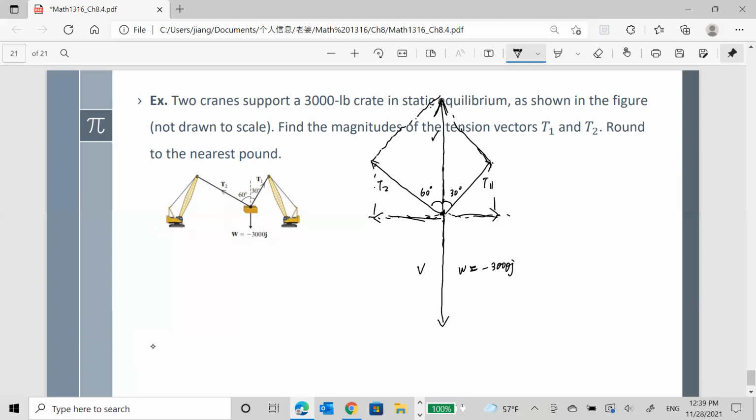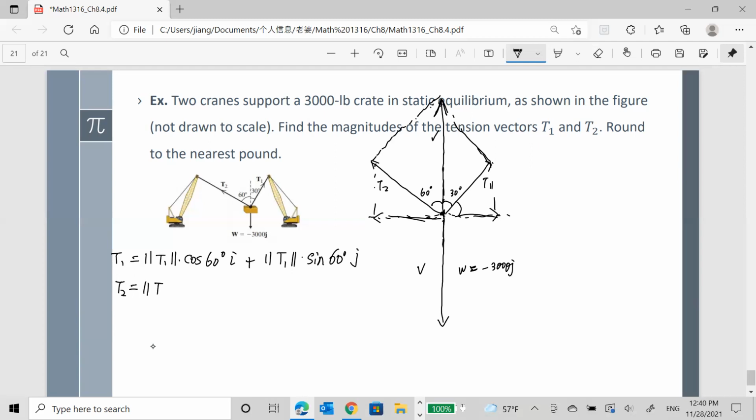Actually, let's list the vector T1, T2. So T1 equals the magnitude of T1 times cosine of the angle. So what is the angle for T1? Is this one? The 60 degrees I plus the magnitude of T1 times sine 60 J. How about T2?